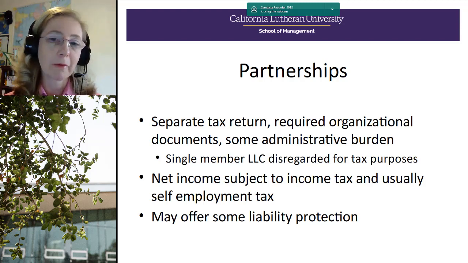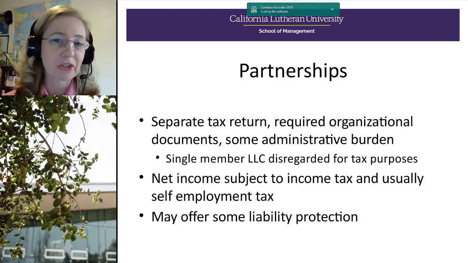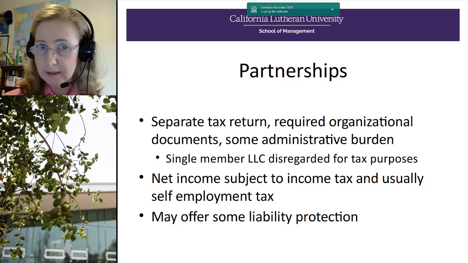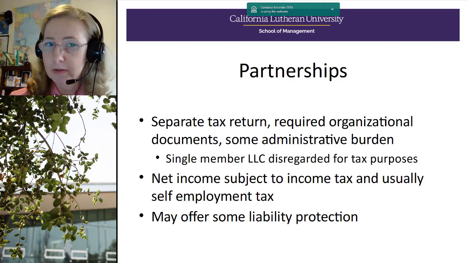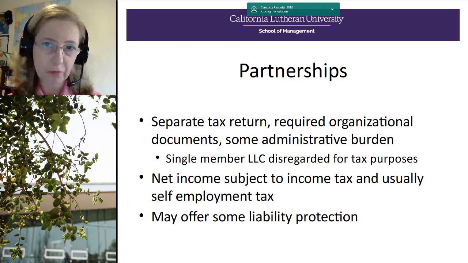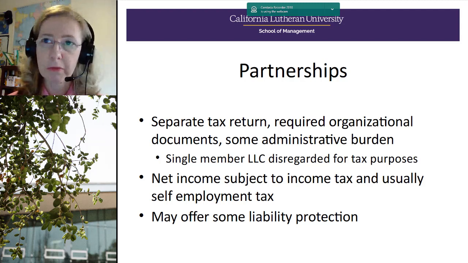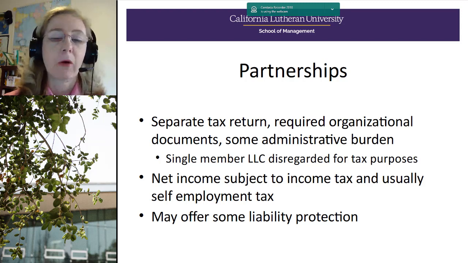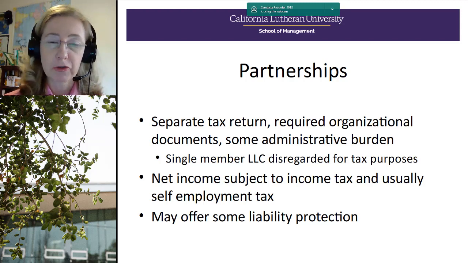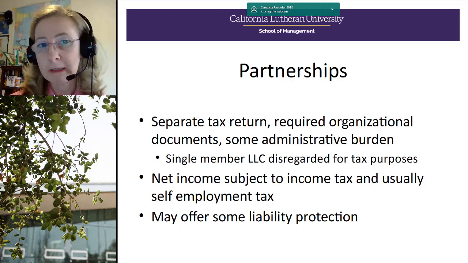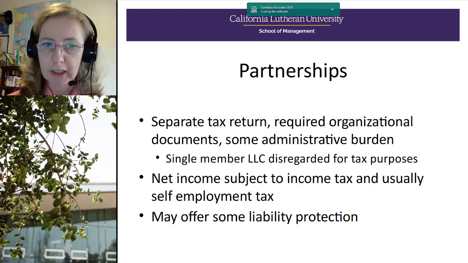Those requirements vary by state, but certainly it is best business practice to make sure that you hammer out some basics about how decisions are made, how disagreements are resolved, what happens if someone wants to leave the partnership, what happens if someone passes away, how are the ownership and interests transferred, and who has approval on who the new partners will be. So a lot more administrative burden there.